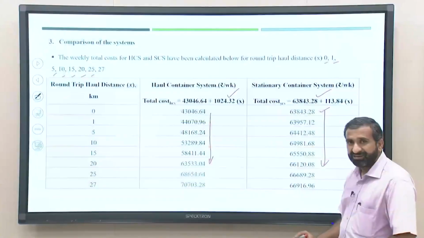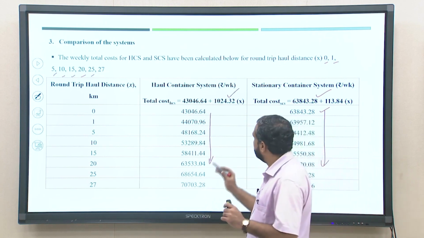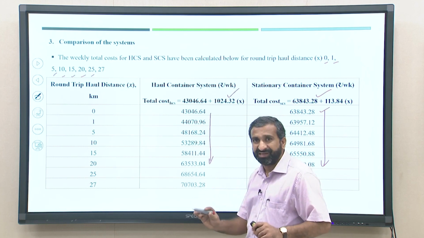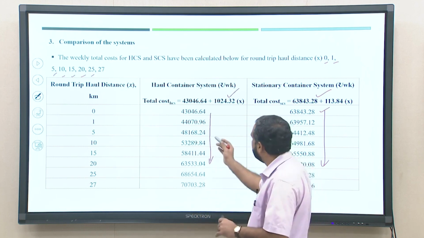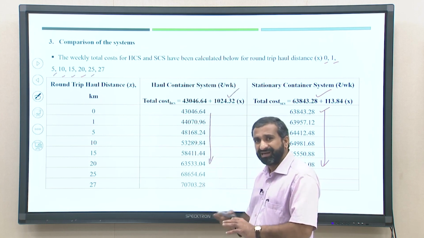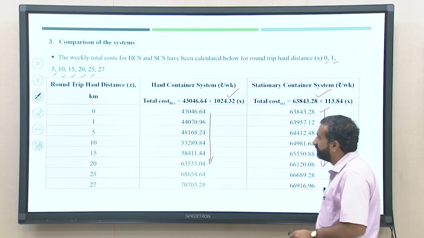So, what will we do here? We will plot the curve with the round trip haul distance along the x axis and the total cost on the y axis, and we will see how this graph changes with the round trip haul distance.